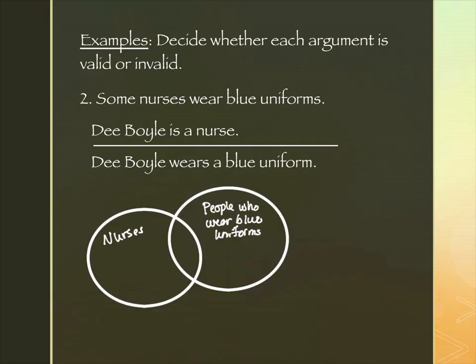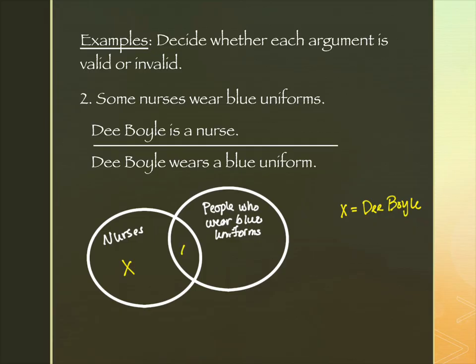Now it says D. Boyle is a nurse. So the second statement is often, not always, but often the place where we are identifying a single person or a single category of people, a smaller category. So our X is D. Boyle. Okay, so where can I put the X? It can be in your nurses category.